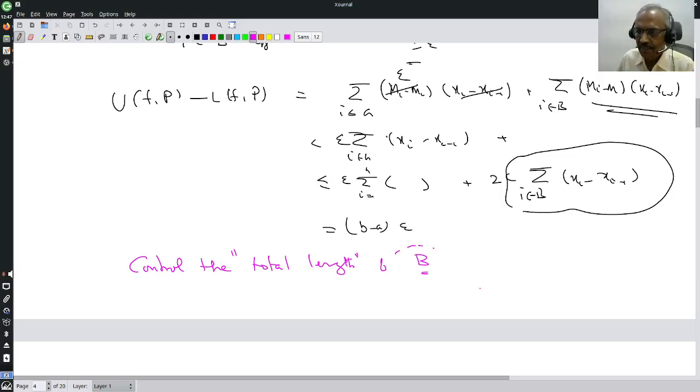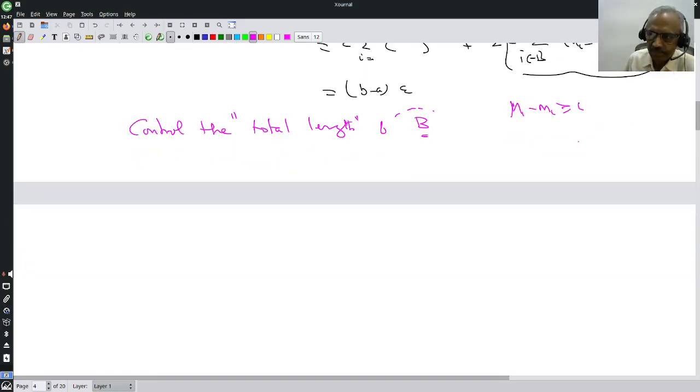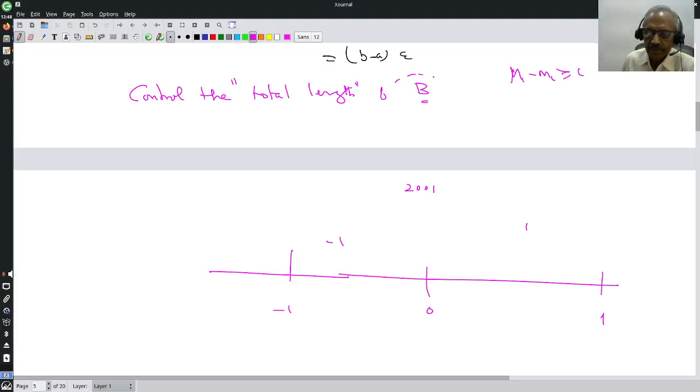So whenever capital M_i minus small m_i is greater than or equal to epsilon, what I try to do is control this length. This is the way we will prove, for example, a step function. Let us say this is R and this is 0, and let us say from minus 1 to plus 1, and here the value is 2000, or 2001, or 999.